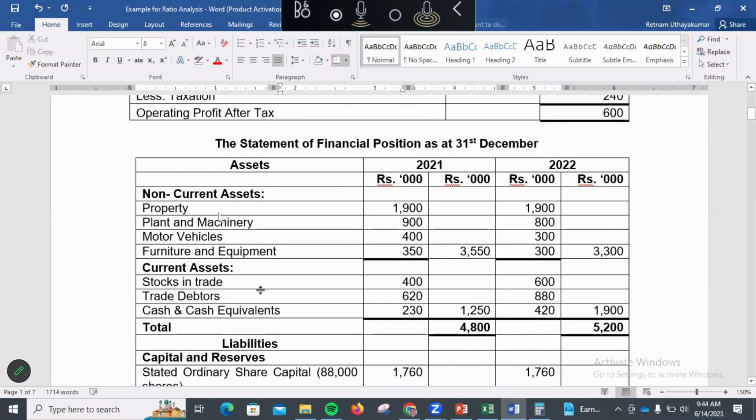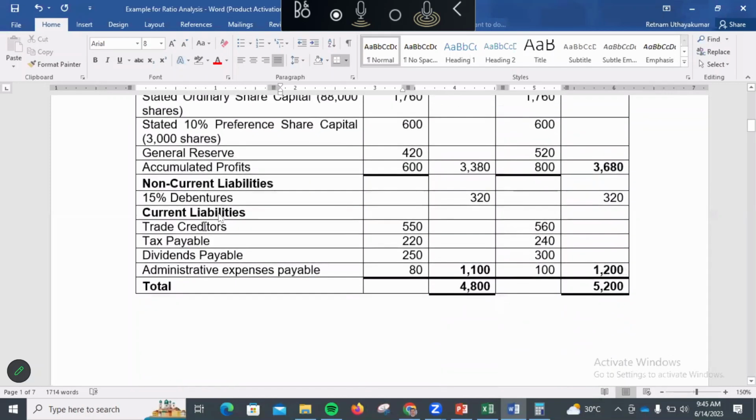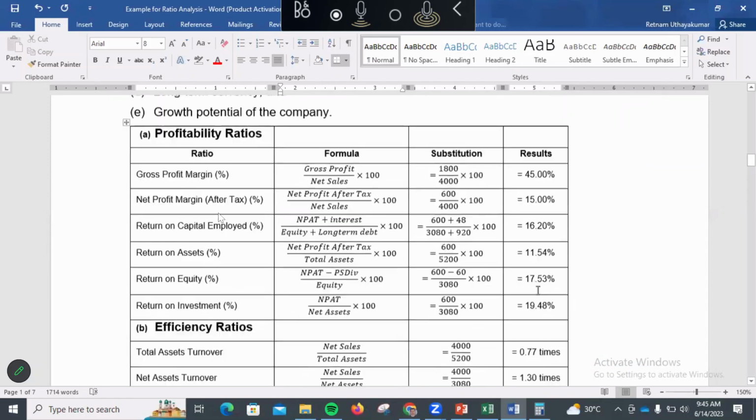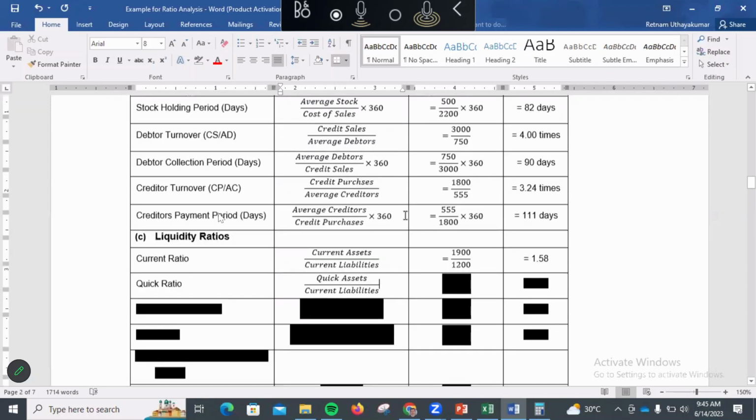Out of that, the stock in trade is 600. That should be excluded from the 1900. 5200 is the total asset, 1900 is the current asset subtotal. So when you are excluding this one, it becomes 1300, while current liabilities are 1200. So 1300 is the quick assets.